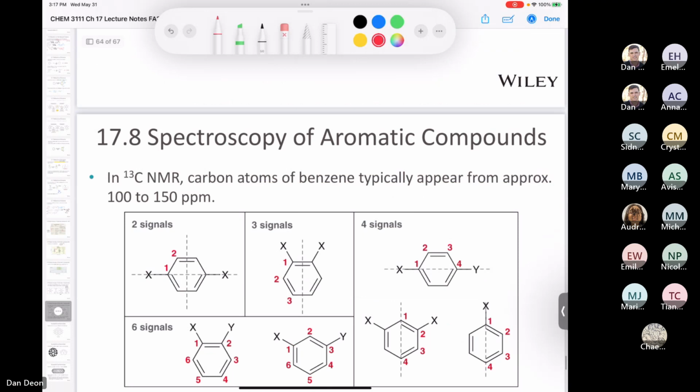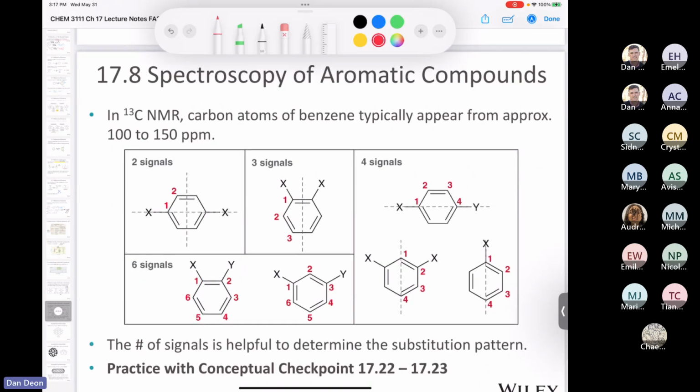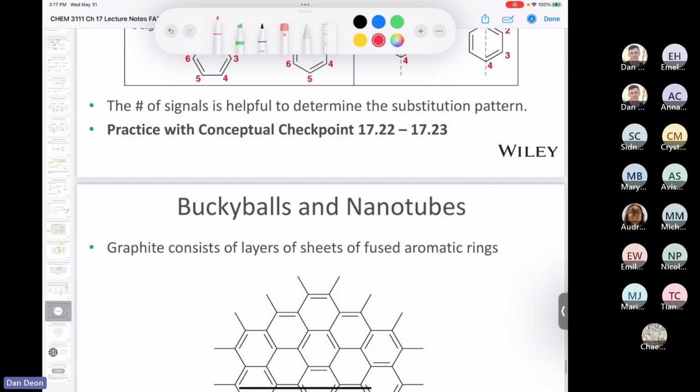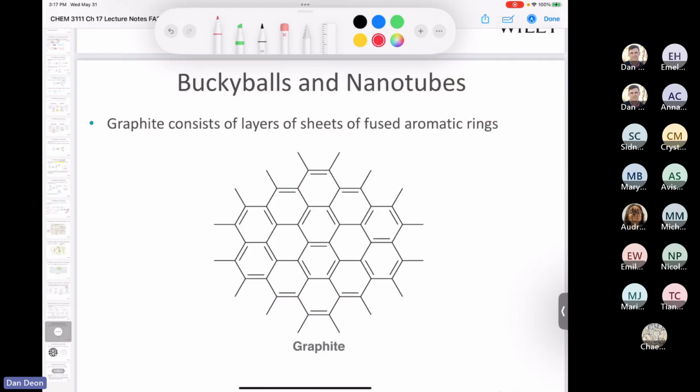And then, of course, in the carbon spectrum, based on symmetry, you can determine the number of signals that you're going to get, whether 2, 3, 4, or 6 signals, as shown here. I'm not going to get into Buckminsterfullerene and nanotubes, and I'll leave that as an FYI portion. But graphite, if you've ever wondered about its structure, is just a bunch of aromatic rings fused together. So it has a flat or planar shape, and that's why graphite makes such a good lubricant.